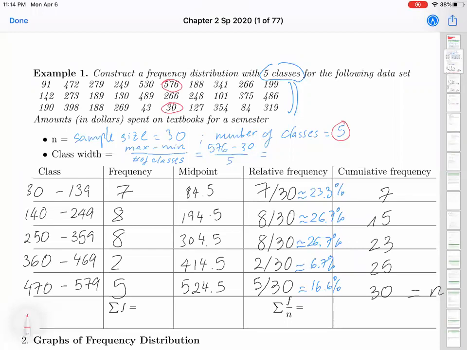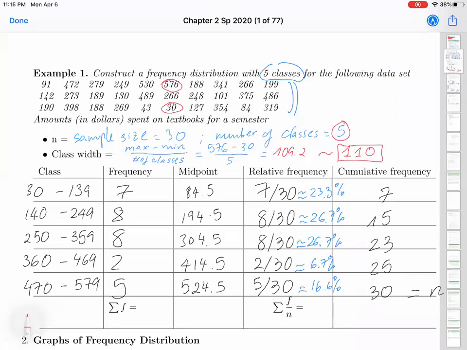And the answer for this calculation is 109.2. And remember, we need to round this number up to the next convenient number. In our data set, we have just whole numbers. So the next convenient number should be 110. So we know that the class width is 110.